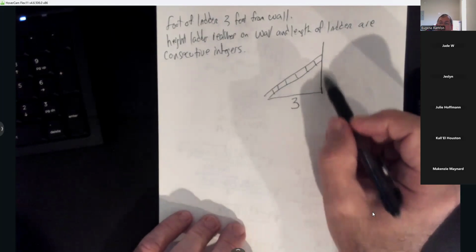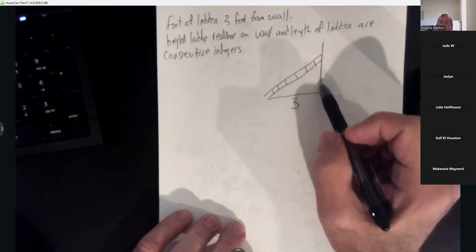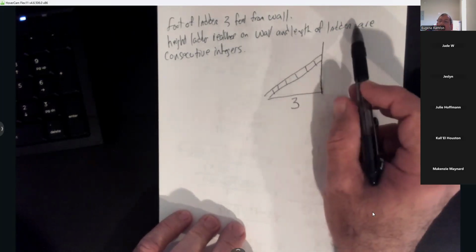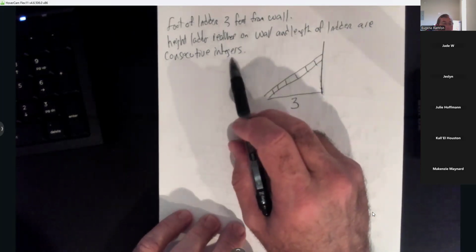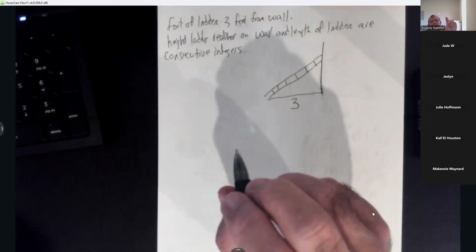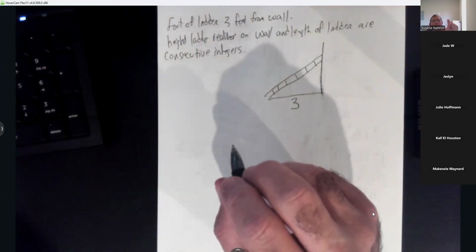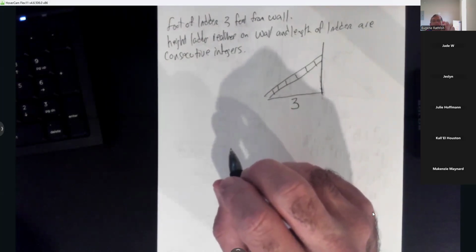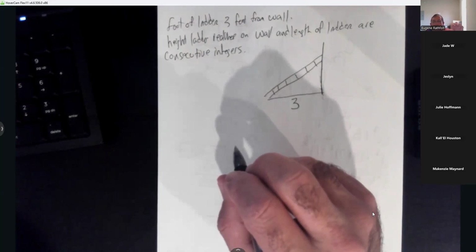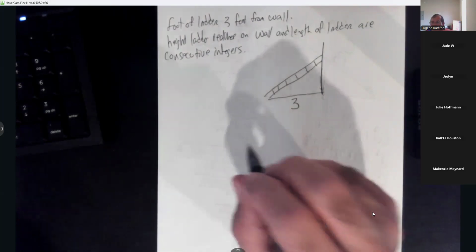Then it tells me the height my ladder reaches on the wall and the length of my ladder are consecutive integers. What that means is consecutive integers are numbers that are in order, like 1 and 2, 5 and 6, 10 and 11, 13 and 14.